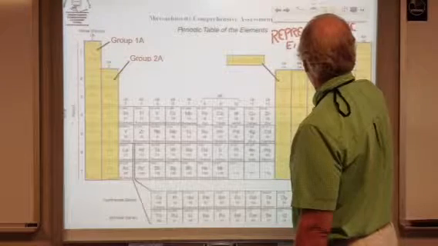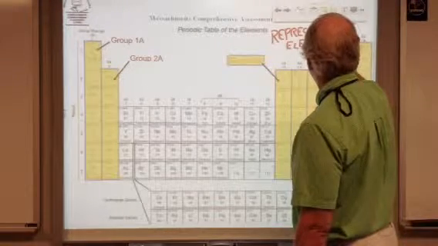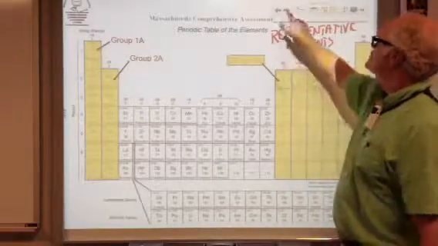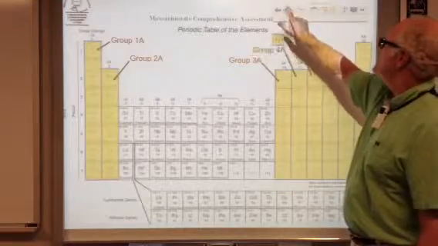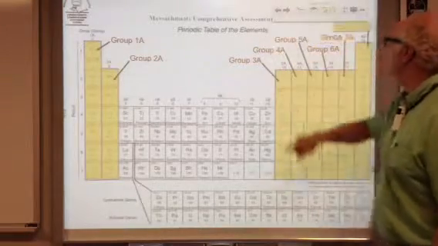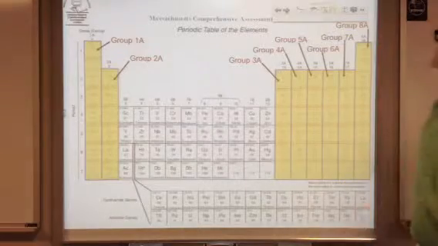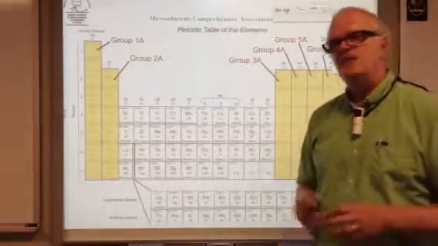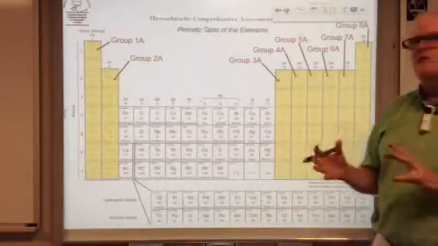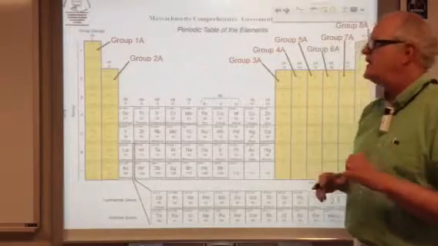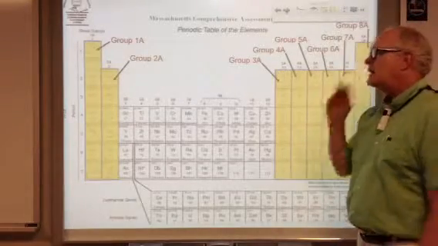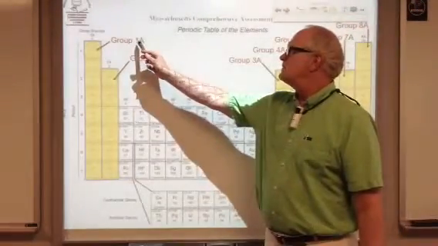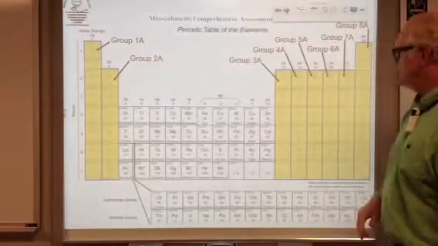Representative elements are in groups that end in letter A. And the reason we want to use this system, group 4A, group 5A, 6A, 7A, 8A, is because when we do use it, the number will help us to understand something about how elements bond with other elements and what happens to their electrons when they are combining or bonding with other elements. So we want to remember the groups with these numbers that are shown on this slide here.